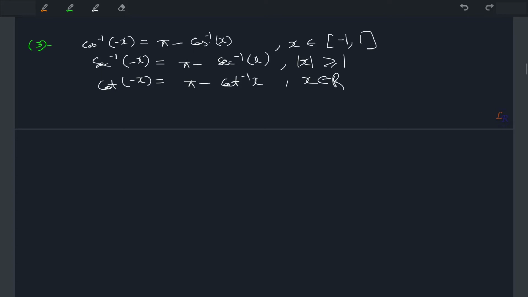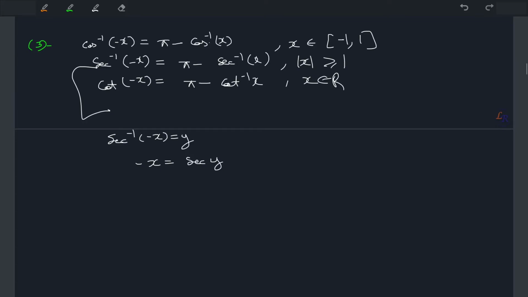And again here I will prove one, let me prove this one for you. Let's assume that sec inverse minus x is equal to y, right? So you take the inverse of both sides, as we just saw in the beginning. Sec of sec inverse would be cancelled out, so you will have minus x equal to sec y, right?